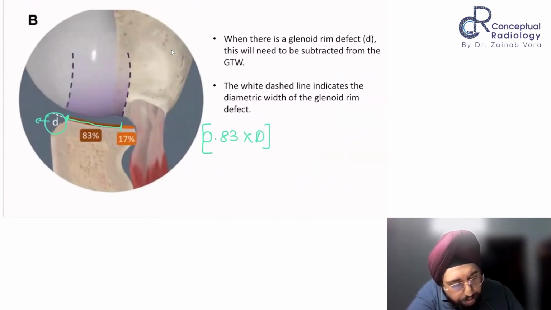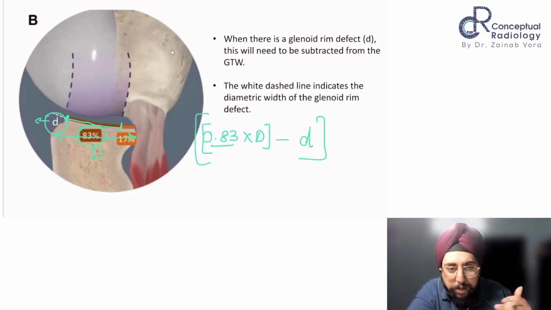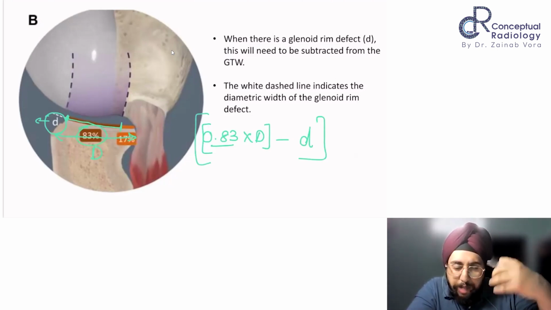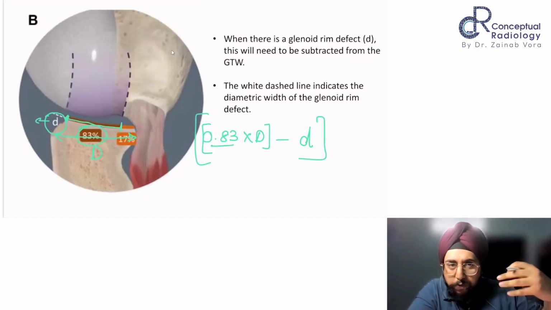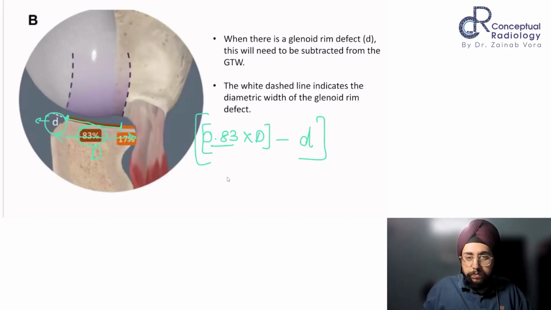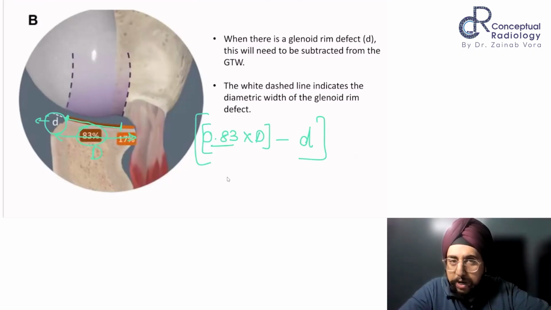You take the entire diameter of the glenoid, D, multiply it by 0.83 because only 83% is in contact with the humeral head, and subtract the glenoid rim defect. This is your glenoid tract width. So the glenoid tract width is that part of the glenoid which is in contact with the humeral head during these three movements, from neutral to mid-range ABER to end-range ABER.